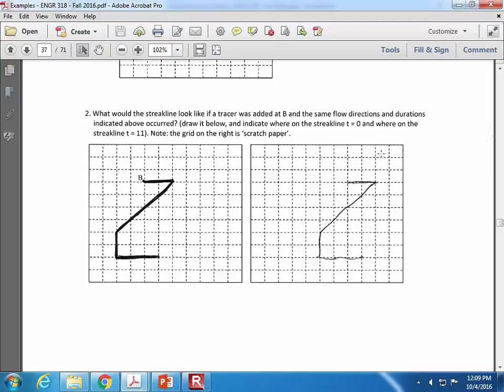And so then once you have this shape, then you transfer it to B, because this was at the end of the time period. This is at time equals 11. And so this is time 0 on the streak line. This was when we barely first started injecting the tracer. So here's time 0, and then B is time 11.